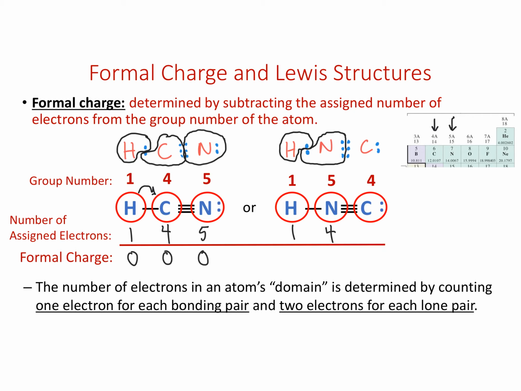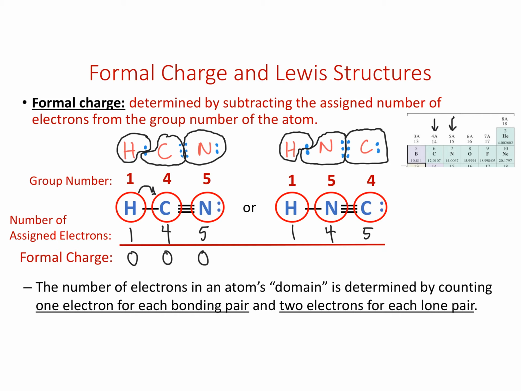I look at the carbon, and I have 5 electrons assigned: 3 from the carbon-nitrogen triple bond, and then 2 lone pair electrons for a total of 5 electrons assigned to that carbon. So carbon is group 4, it wants 4 electrons assigned, it has 5 electrons.